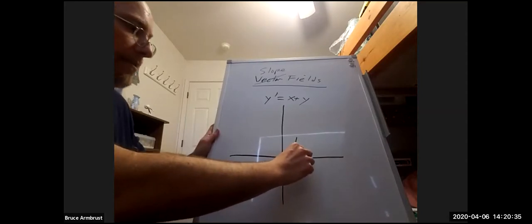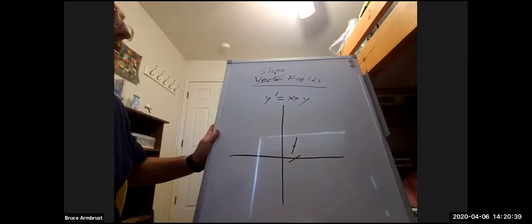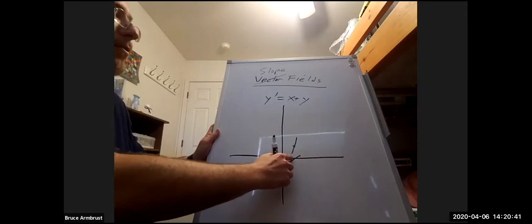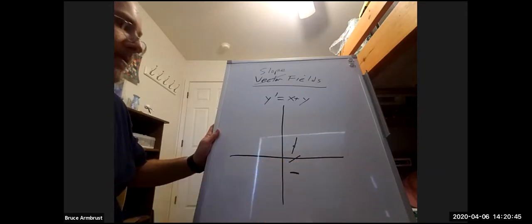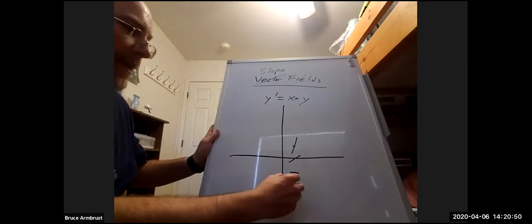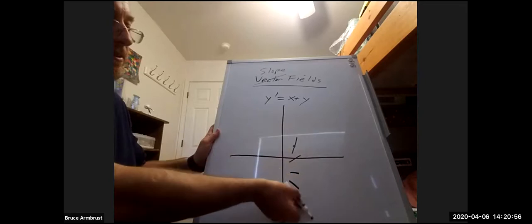If I was at 1, 0, I would get a slope of 1. So it's going to be flatter. At 1, -1, I would get a slope of 0. At 1, -2, I'd get a slope of -1, and so on. So you notice what's happening is these things are doing that.